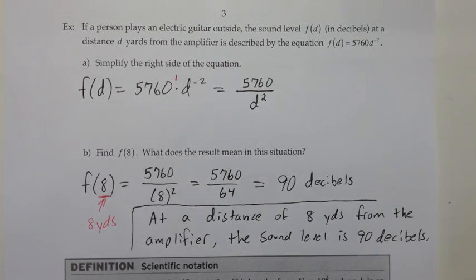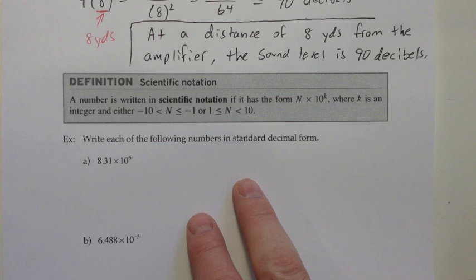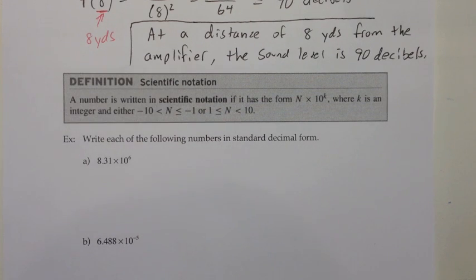Alright, continuing on, I want to show you another application of negative exponents, and that is that it comes up in something called scientific notation. So let's look at that definition. A number is written in scientific notation if it has the form n times 10 to the k, where k is an integer, and either n is in between negative 10 and negative 1, or n is in between 1 and 10.